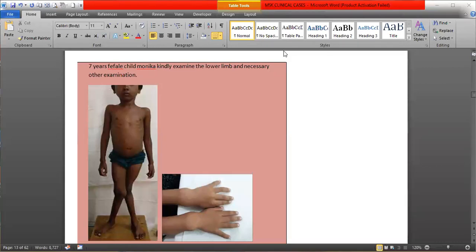Any other thing? High dose of phosphate, and with bisphosphonate, right?